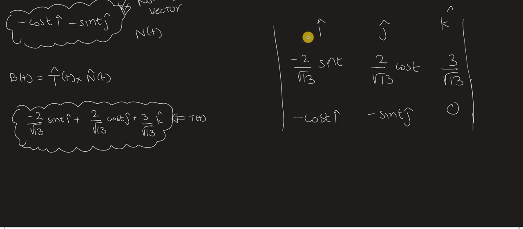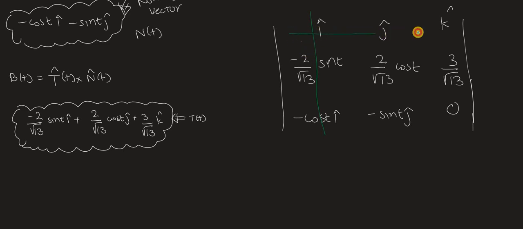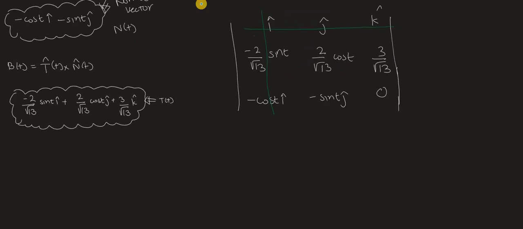So okay, what do we do? We need to calculate for the i hat first. So we're going to cross out the column and the row. Then we multiply like we do cross multiplication. We multiply this times this, which gives 0, of course, and then we have to do negative this times this. The negative and negative here will cancel out each other, and then we simply need to multiply this.